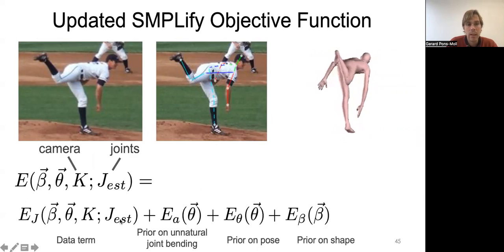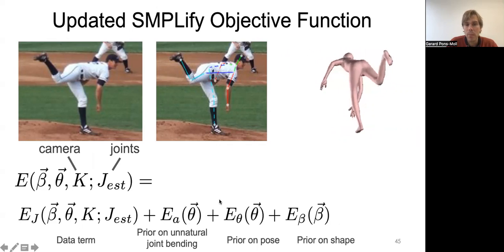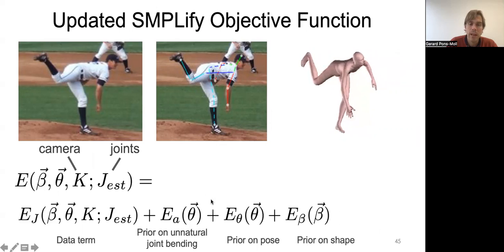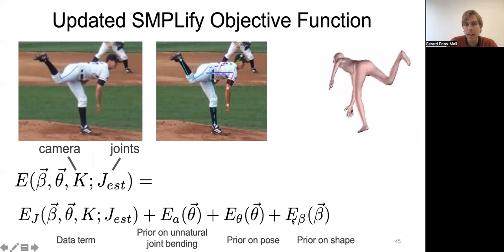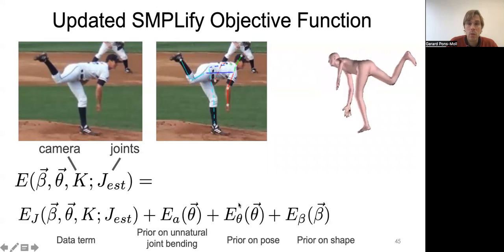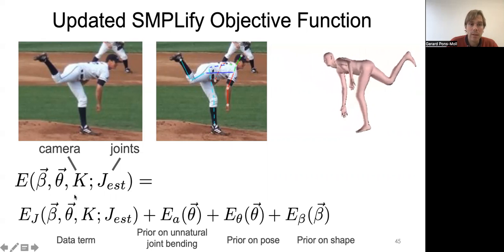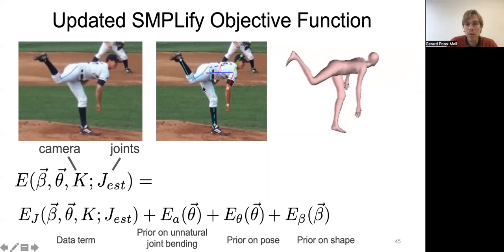In probabilistic terms, this would be the likelihood term, and the prior terms on the parameters. So basically you have a prior on the pose and some prevention of joint angle bending, and a prior on the shape. These terms are very, very similar to terms that people had been using before. The only thing is that now the data term is much stronger because of the detections.